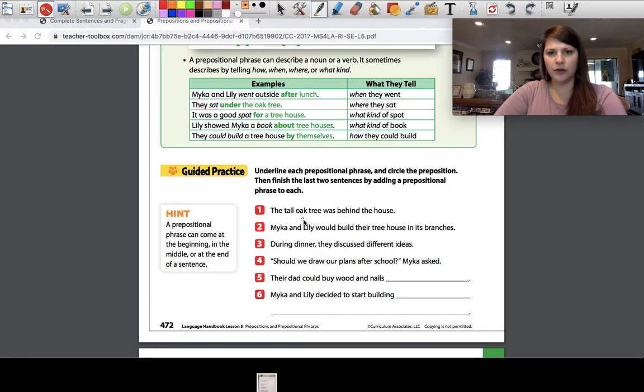So we've got the tall oak tree. Well, what about the tall oak tree? We know it was where it was, and it was behind. Ooh, that's sloppy. Behind the house. I'm going to redo that because that's really sloppy.